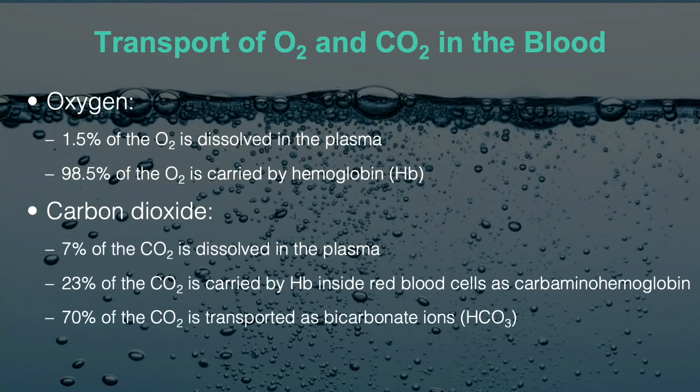CO2, on the other hand, isn't as limited. Plasma has a higher solubility coefficient for CO2. So more CO2 dissolves in the plasma, 7% as opposed to 1.5%. But still not very much. It's more than oxygen, but it's still not very much.